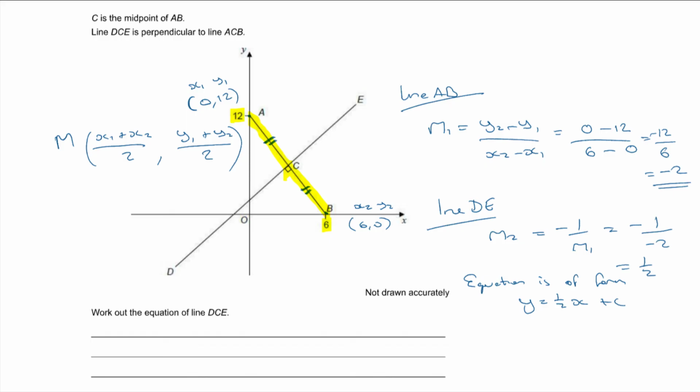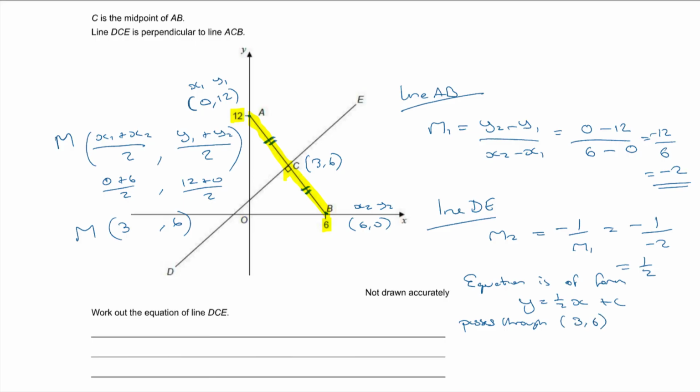So the x coordinates are 0 and 6, so that averages out to a 3, and then the y coordinates are 0 and 12, and that averages out to a 6. Okay, so the midpoint of my line is going to be 3, 6, so that's the point C, isn't it? Right, so I know then that the line passes through 3, 6.